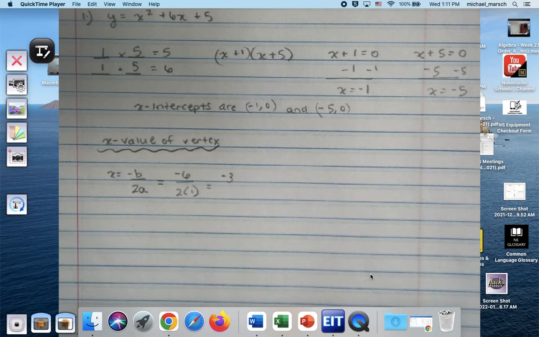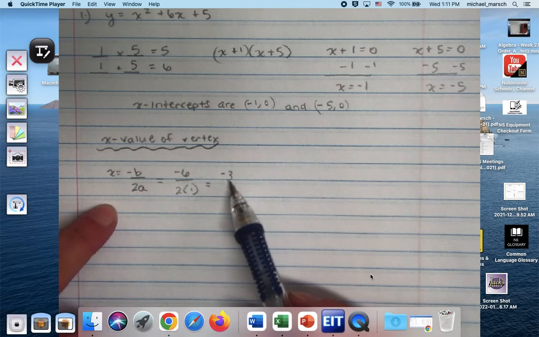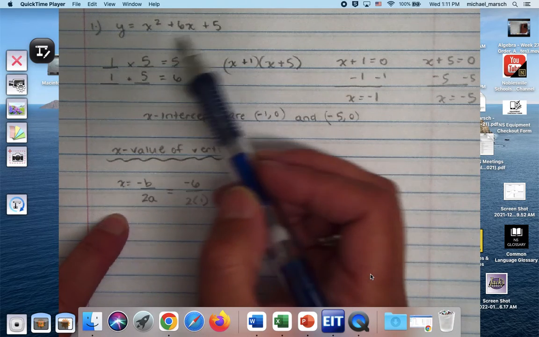If for some reason I got an x value of 3, and I looked back up at my x-intercepts, I'd be like, all right, I did something wrong because that's not even within those two x-intercepts, right? So my x value is -3. Then I'm going to take this, and where am I going to put this to get my y value? Back up here, right?